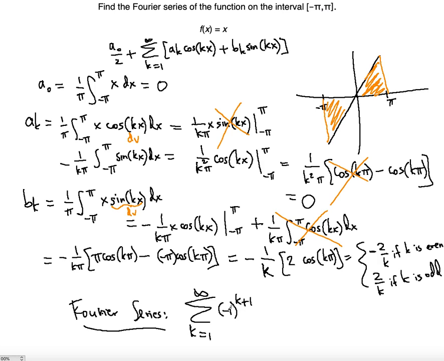Negative 1 to the first power is still negative, negative 1. So that works. So now let's keep going. 2 over k, and remember we're done with the signs now, because we took care of it here, so we can just write 2 over k after that. And then sine kx, and bingo, this is your Fourier series representation of the given function in the interval from negative pi to pi. And the given function was x. Thank you so much for watching. See you in the next video.